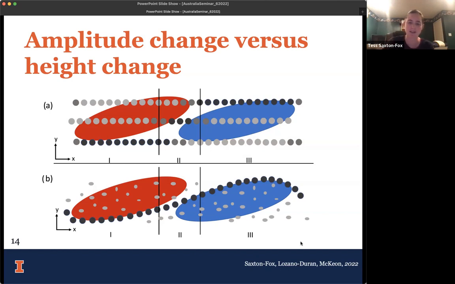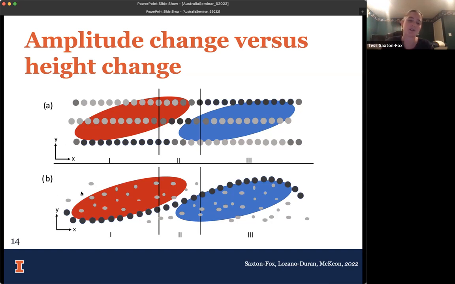this is a schematic that's in this paper from 2022. This schematic shows in red and blue the prototypical large-scale inclined structures of the streamwise velocity field that are faster and then slower than the mean. And in these little gray circles, I'm showing an idea of small-scale activity.